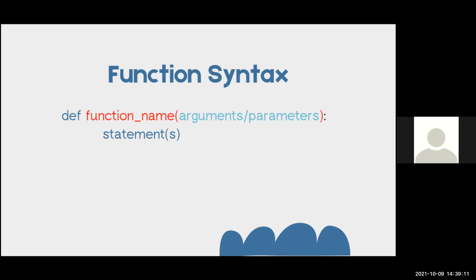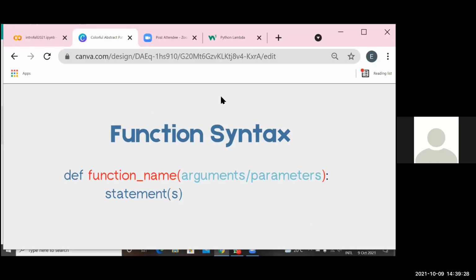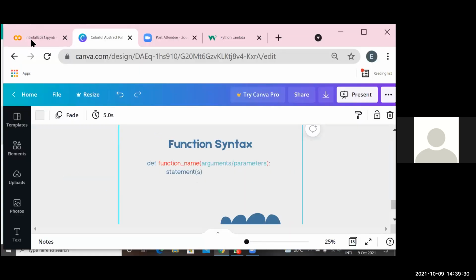Then a colon, and then inside we make an indentation and write the code that we want to be executed. You can also add a comment to describe your function if you wish. That is how we create functions. So let's see how we can do it practically.